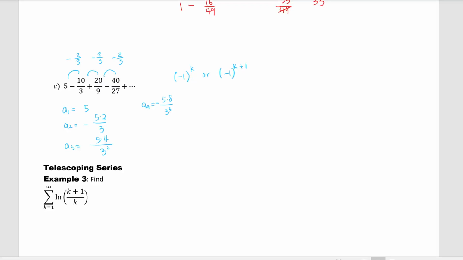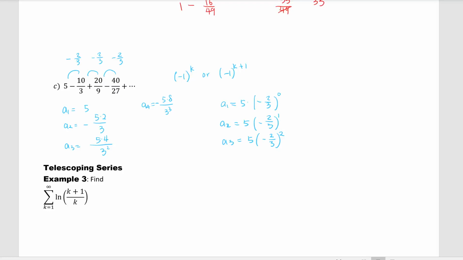A1 is 5 times negative 2 over 3 to the 0. A2 is 5 times negative 2 over 3 to the 1. And then A3 is 5 times negative 2 over 3 to the second.